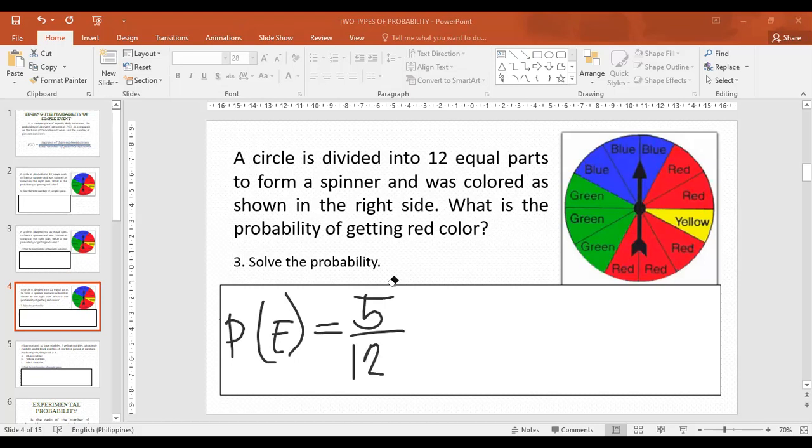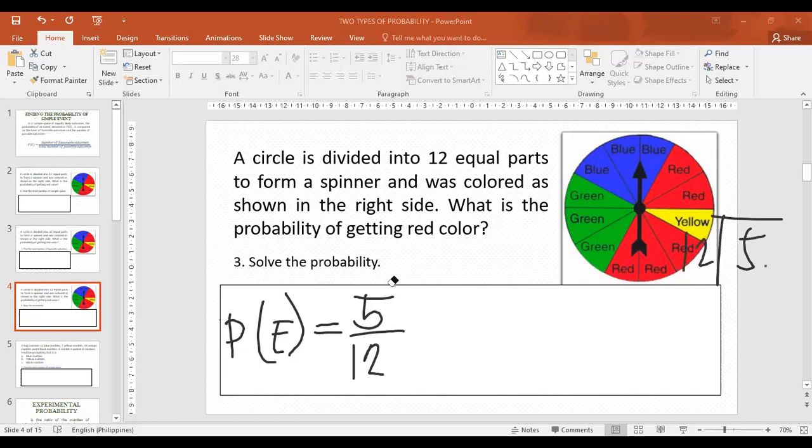Okay, so kapag pwede yung i-lowest term, ila-lowest term po ito. If hindi naman pwede, this is the final answer. Like 5 over 12, wala na po tayong lowest term ng 5 over 12. So pwede na nating i-convert ito sa decimal form. So paano kayo magko-convert ng decimal form? Divide lang po. 5 divided by 12.